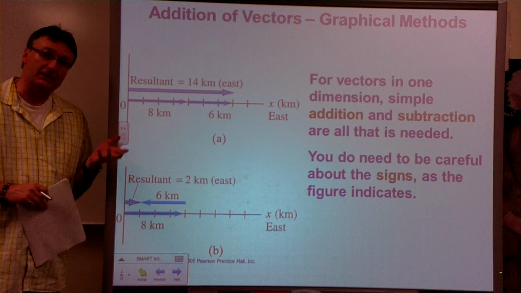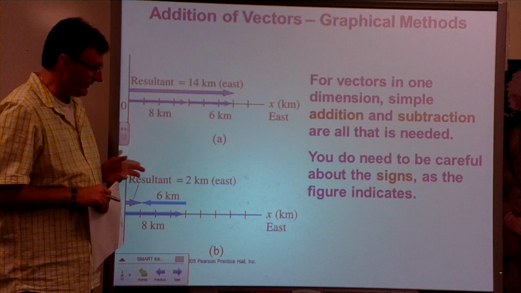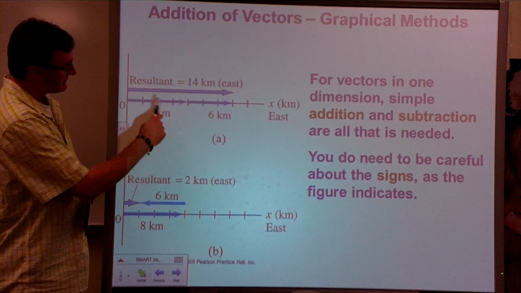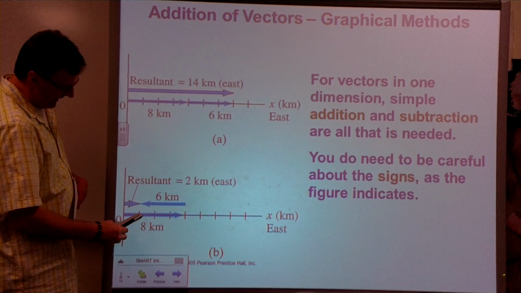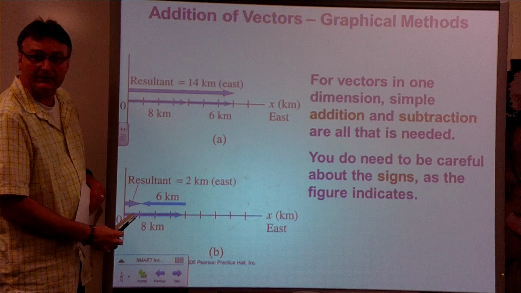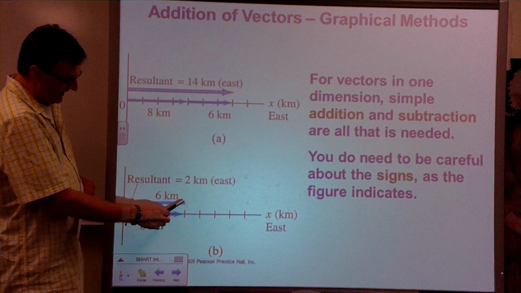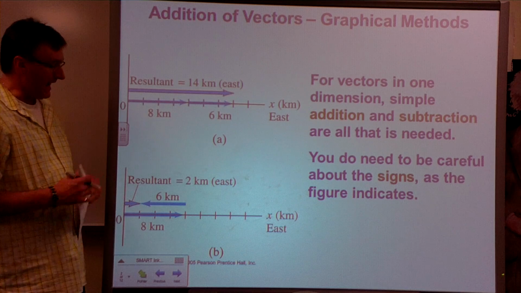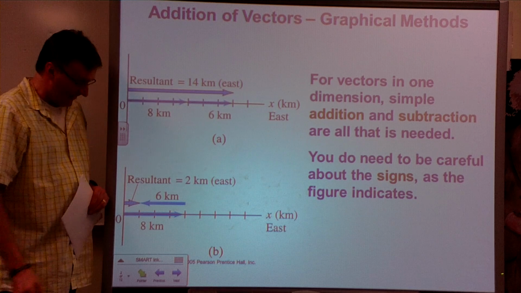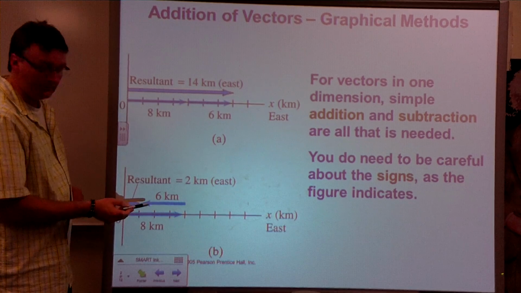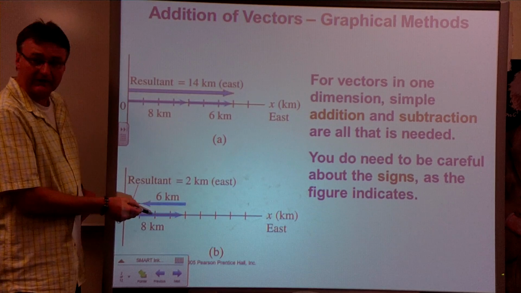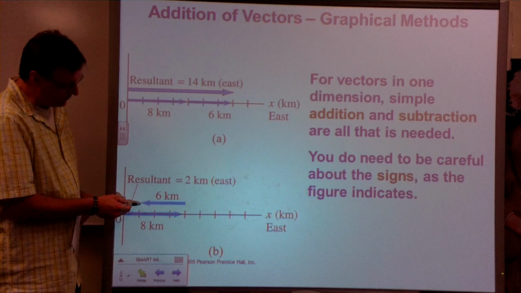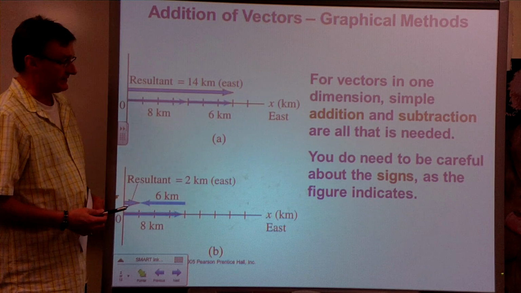Now again, you have to be concerned about direction when you're talking about vectors. So if instead, let's say one of the vectors was 8 kilometers to the east and the other one was 6 kilometers to the west, now you would actually subtract them. And so your resultant vector, by adding these two vectors, is going to be 2 kilometers to the east.